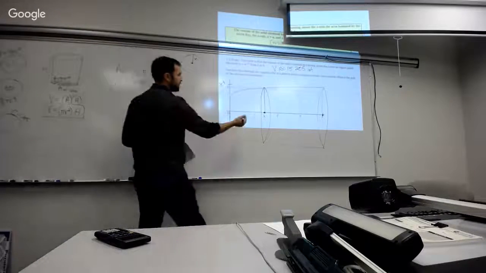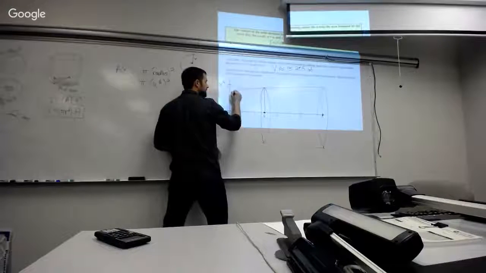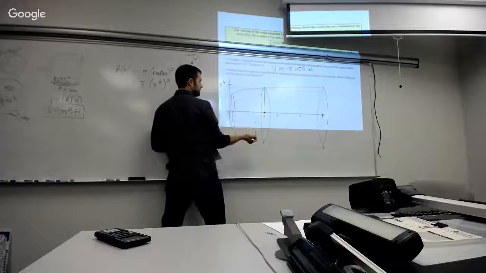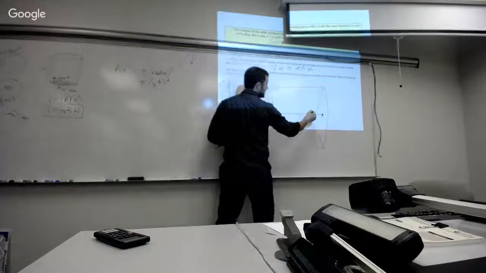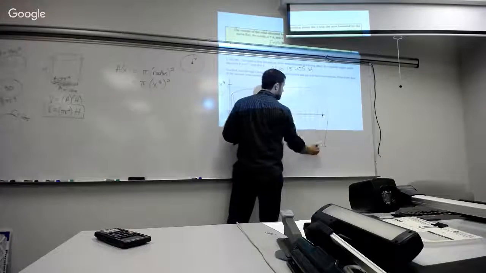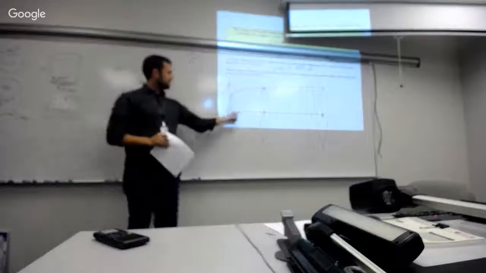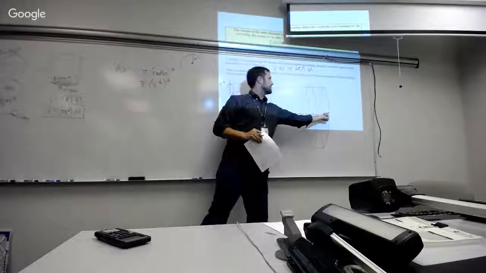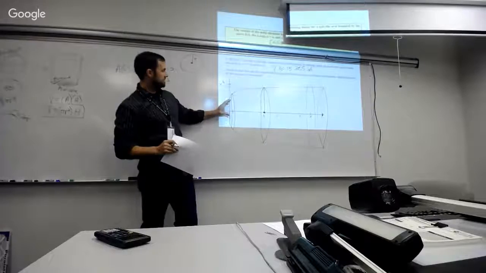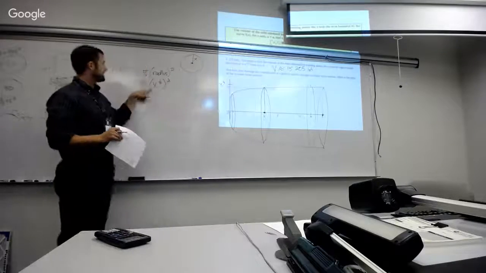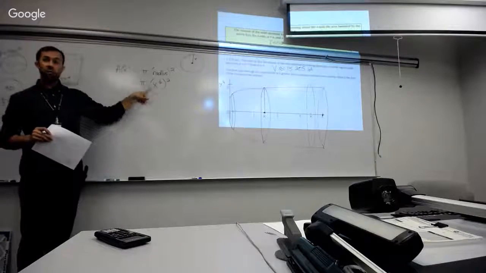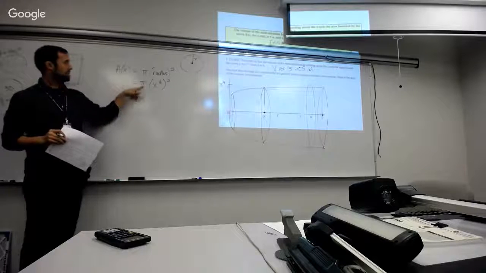So if we choose the point x way over here, it's going to be a smaller circle. If I choose the point x way over here, it's going to be a larger circle that I'm looking at. So you see how depending on where you choose your point x along this continuum, you're going to get smaller circles and larger circles. And this is telling us the area of any one of those circles that you choose, pi radius squared.